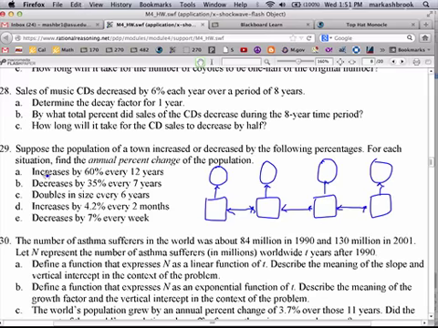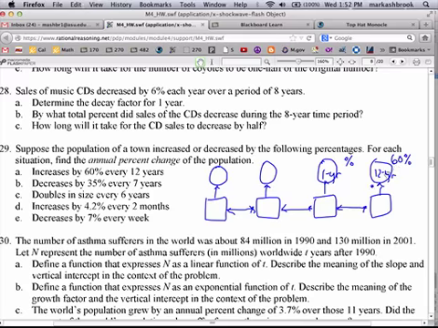So if population increases by 60% every 12 years, let's say this is the 12-year percent increase, here is 60%. And we want the annual, the 1 year percent increase. So can we just take the 60% and divide by 12?